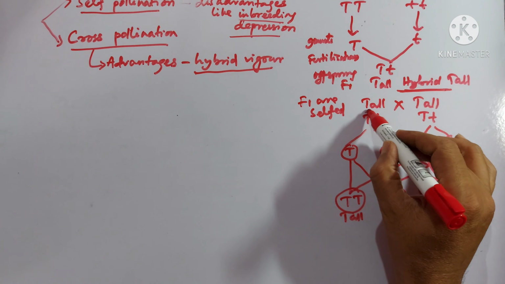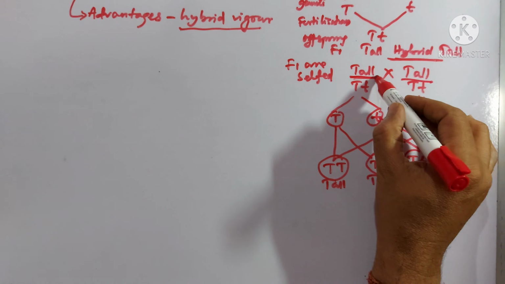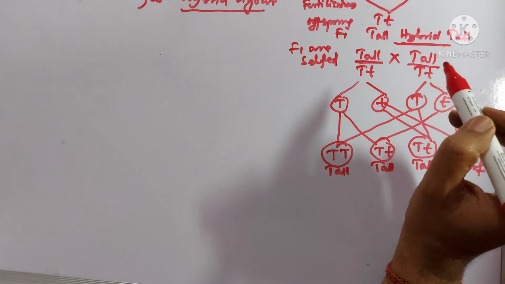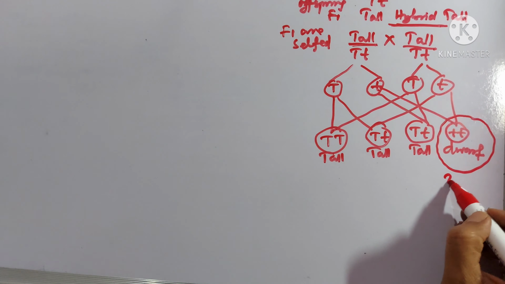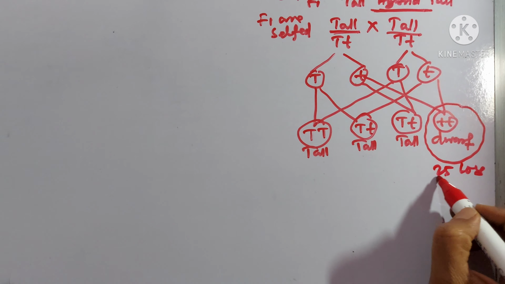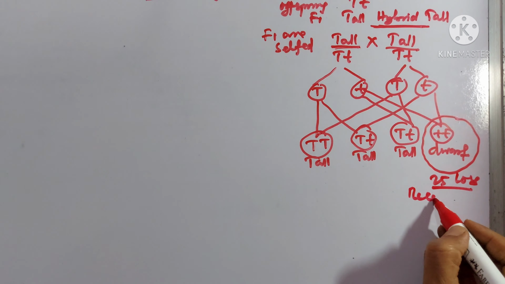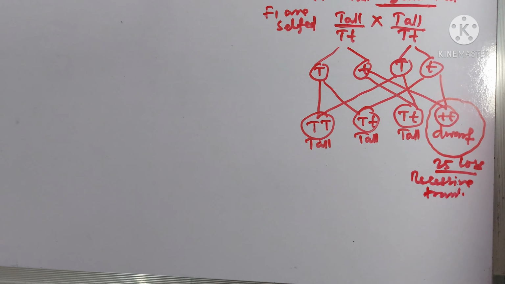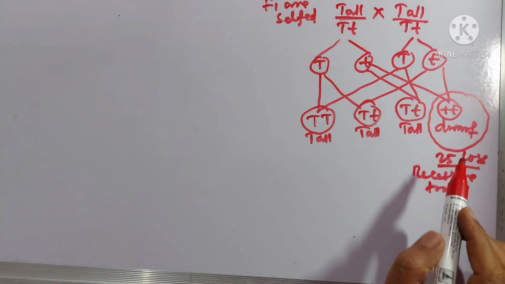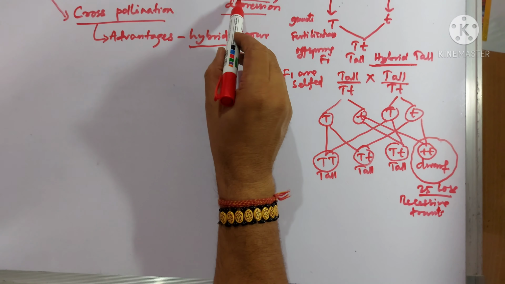There is nothing but here the self pollination occurs, the same type of genome, and which leads to this one. This is the 25% loss of the farmer because this is the recessive trait, and 25% loss occurs to the farmer. So this is called inbreeding depression.